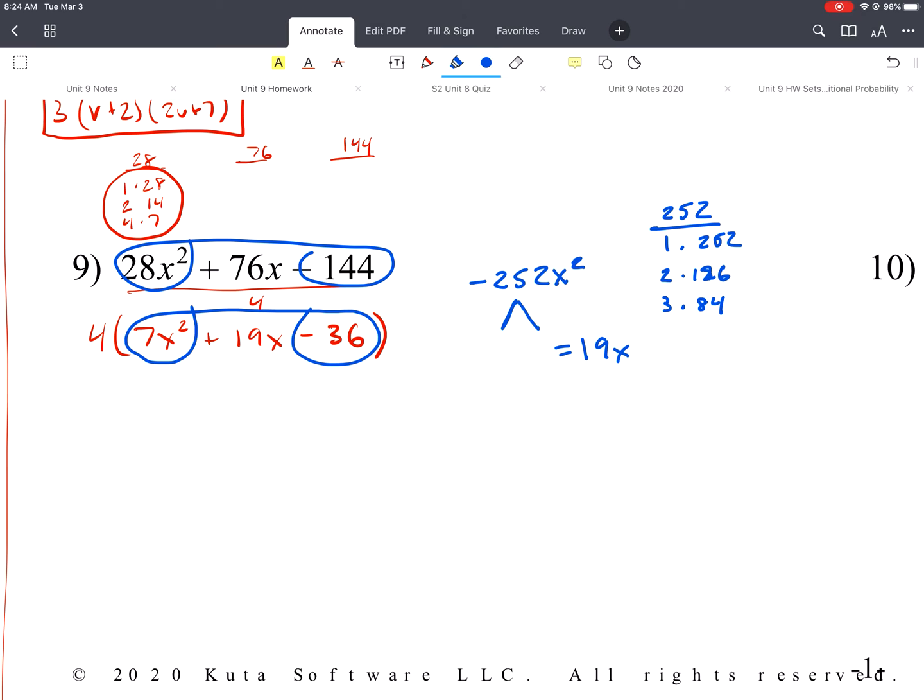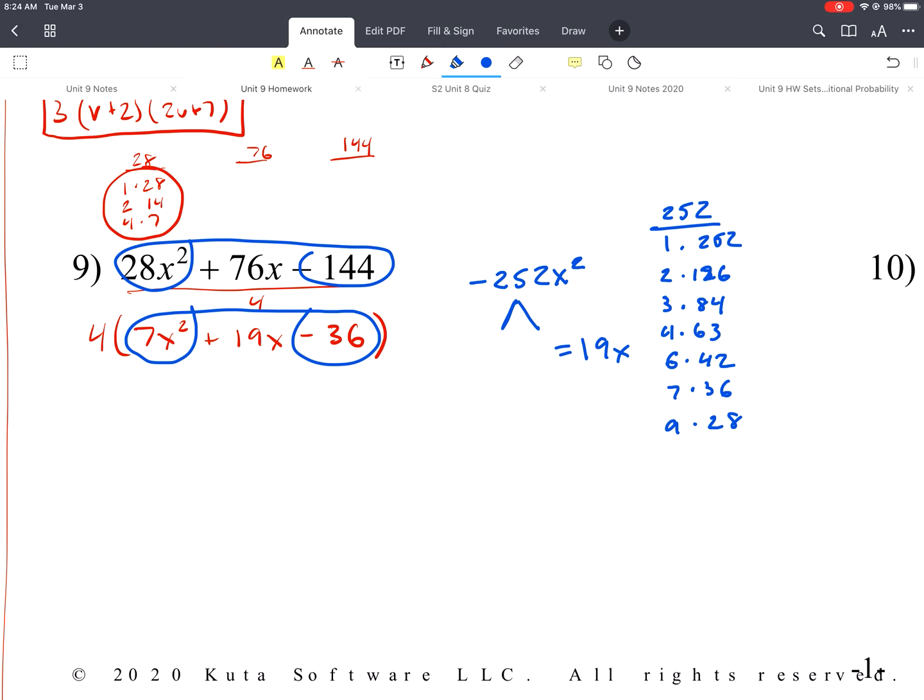You could do 4, that gives you 63. 5 doesn't go in. 6 goes in 42 times. So, I mean, we're getting closer and closer. 7 and 36. 8 doesn't go in. 9 gives you 28.